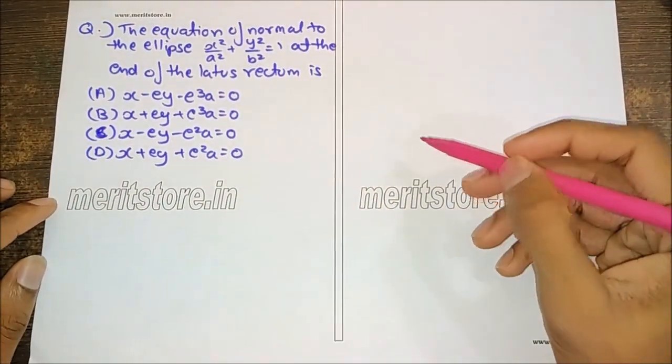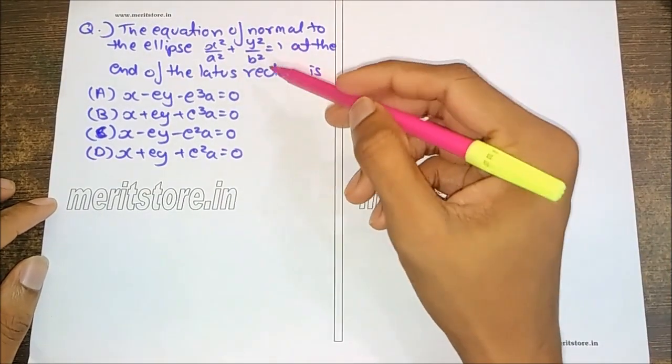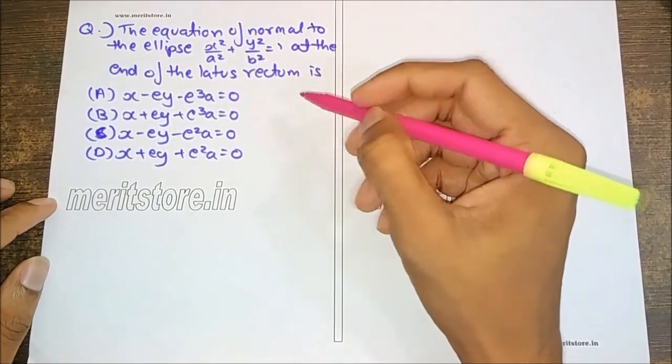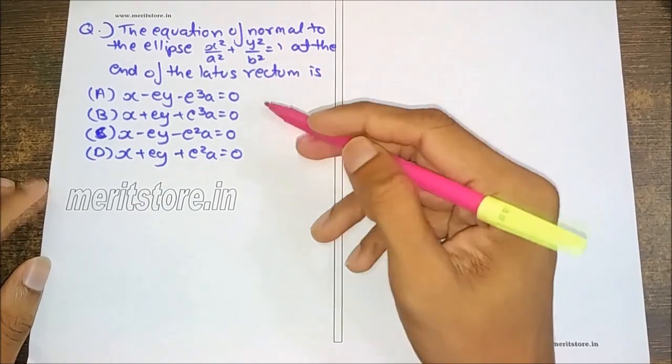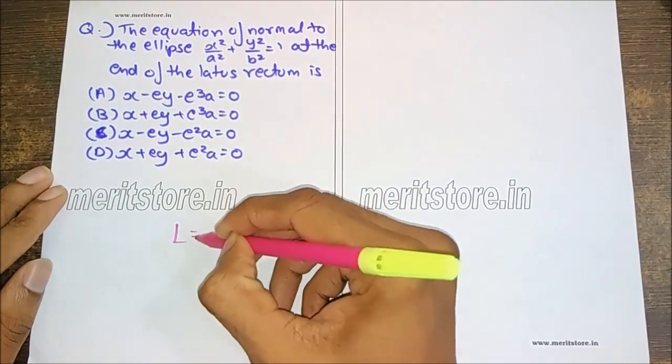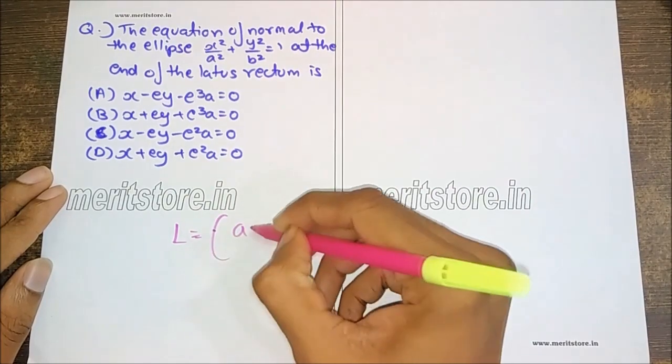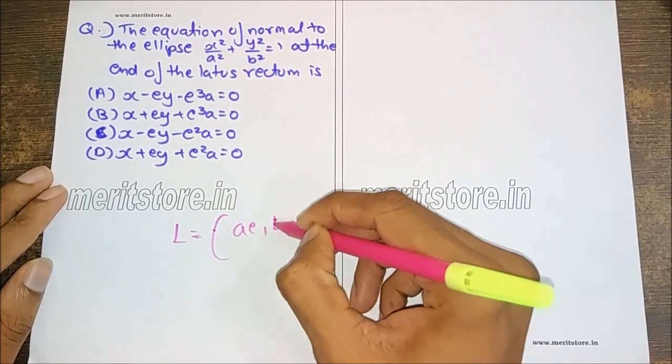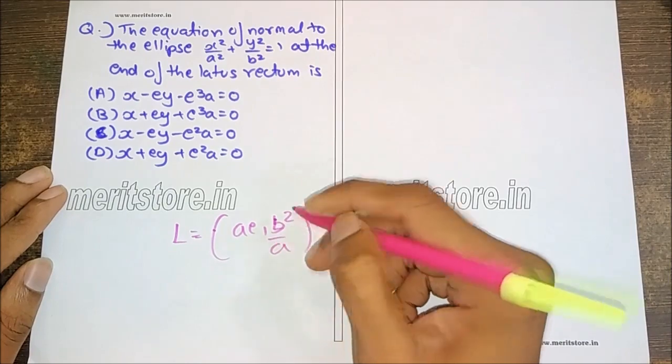The equation of the normal to the ellipse x square upon a square plus y square upon b square is equal to 1 at the end of the latus rectum is, we are given four options here. The end of the latus rectum L is (ae, b square upon a).